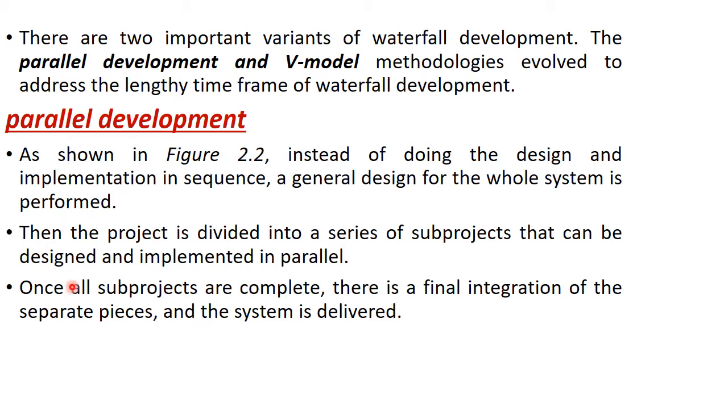Once all these sub projects are completed, there is a final integration of the sub pieces, then the system is deliverable. It means that once we complete all the sub projects, we combine them, and after that we get a system which is able to be delivered.